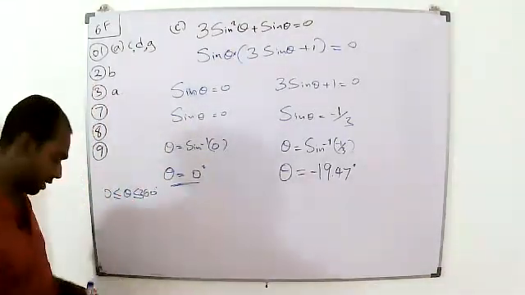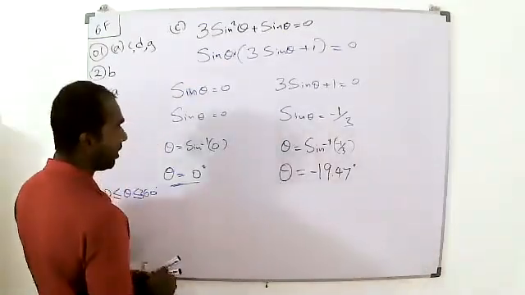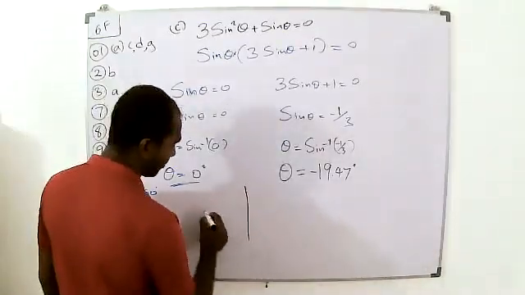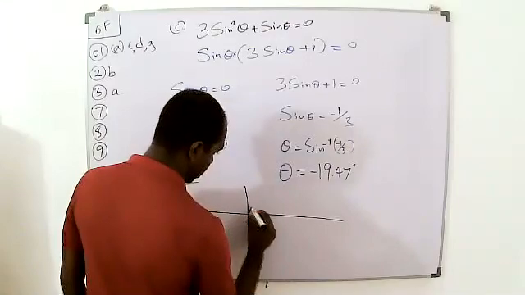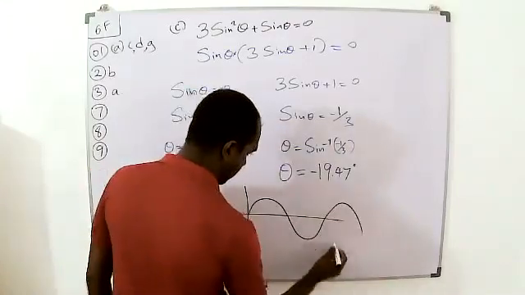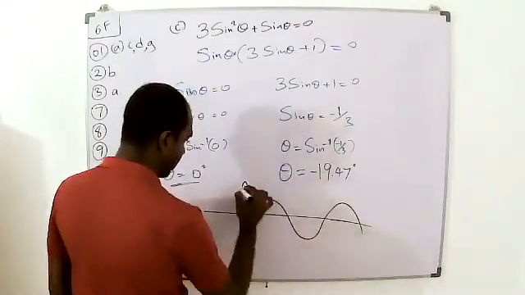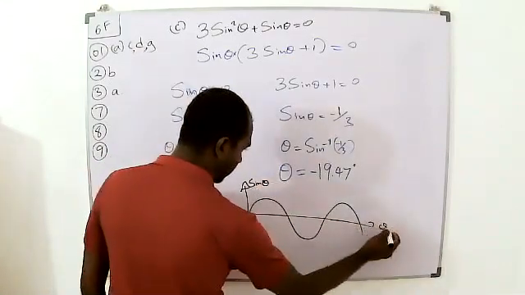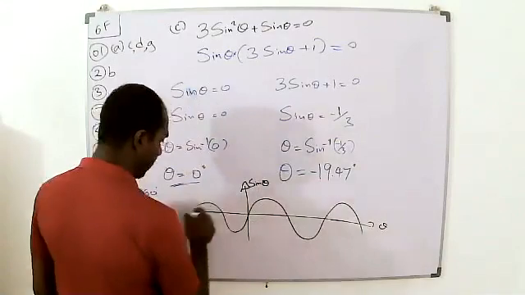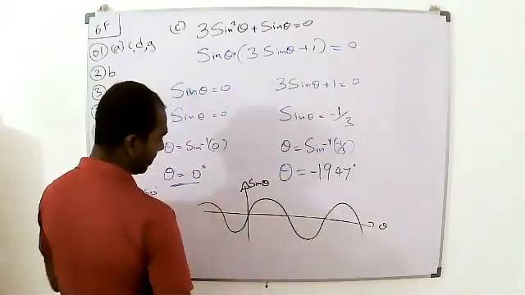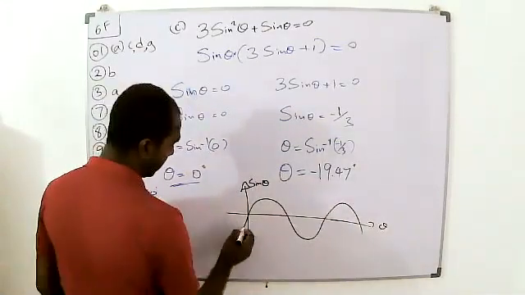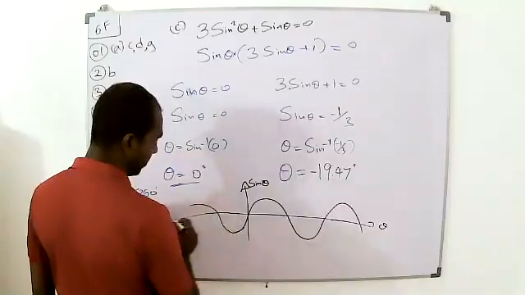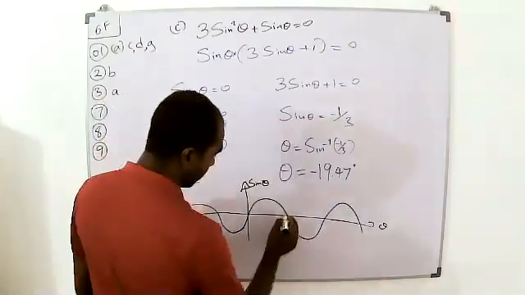So we have to check for the values using the curve. We have to draw the sine curve now from 0 to 360. So when I draw like this, this is the sine theta curve. It's okay to always draw a little bit of an extended version, no need to just stop at the end.